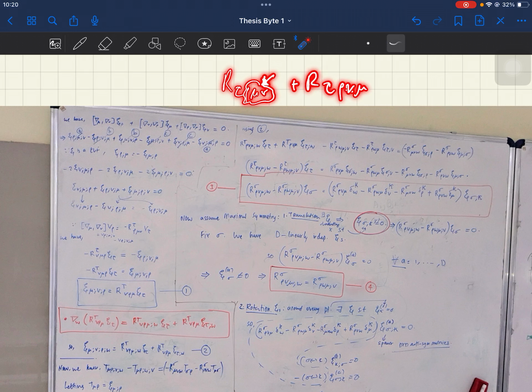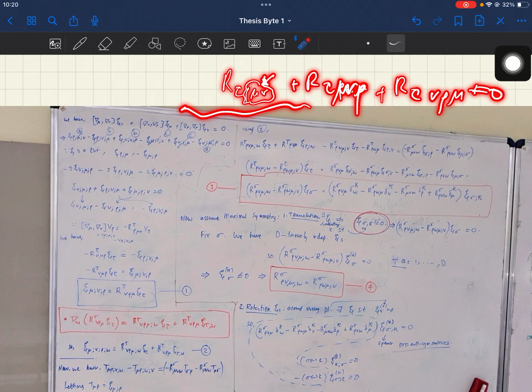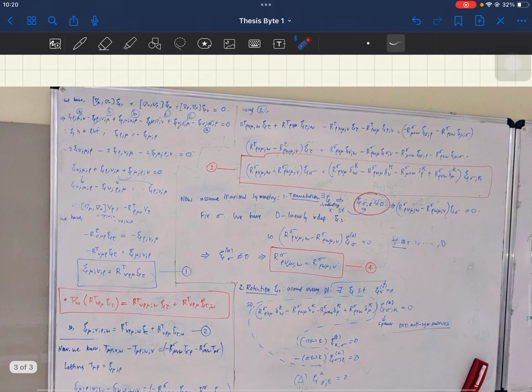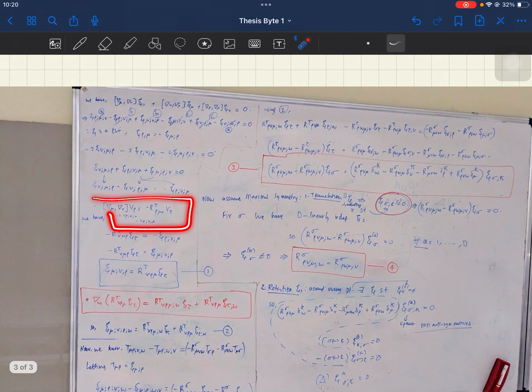For example, start with μνρ, plus τνρ and μ, equals 0. Okay, this is just this. Because you have this basic definition of the curvature tensor. Yeah, this is the basic definition of the curvature tensor.